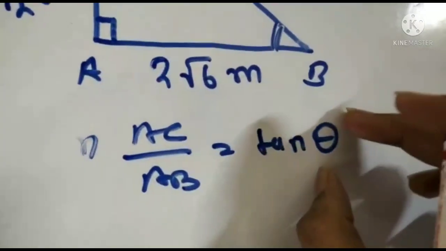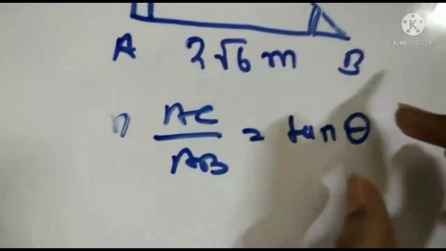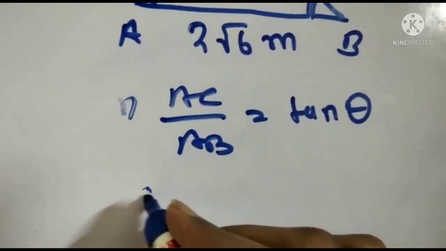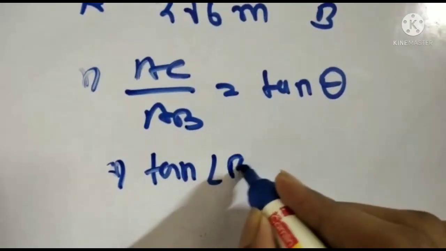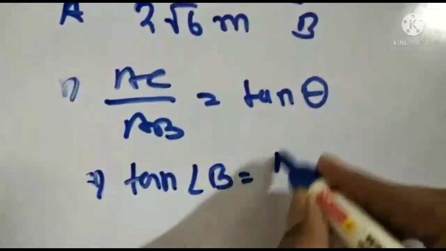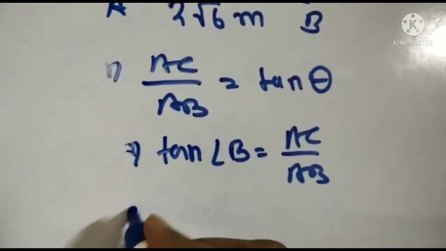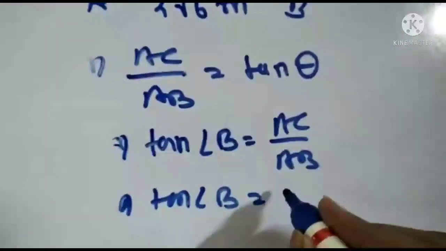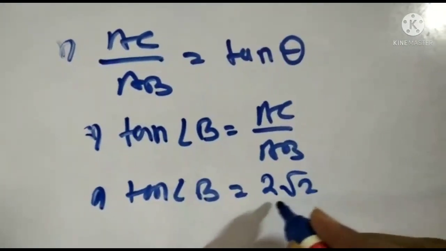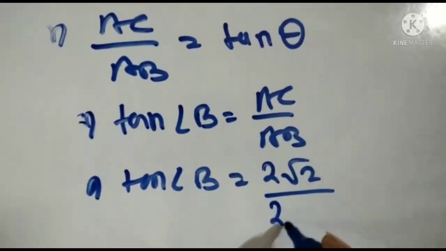In place of theta we don't know any angle, because we are taking angle B, so in place of theta we write angle B. That means tan angle B is equal to AC by AB. AC is 2 root 2 meter, so write 2 root 2 meter divided by AB, which is 2 root 6.